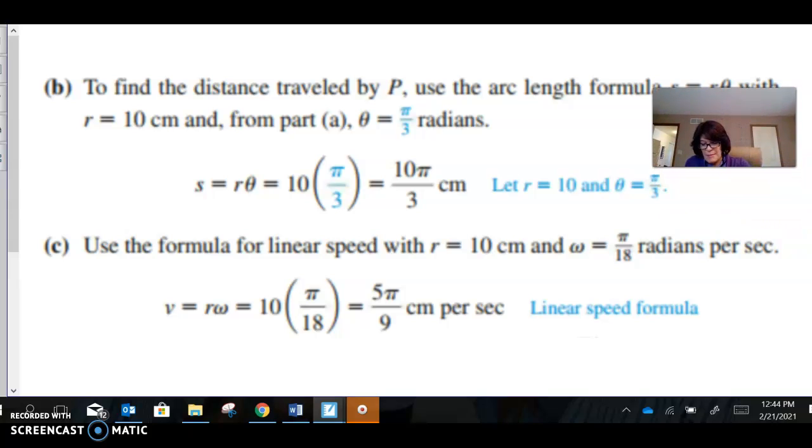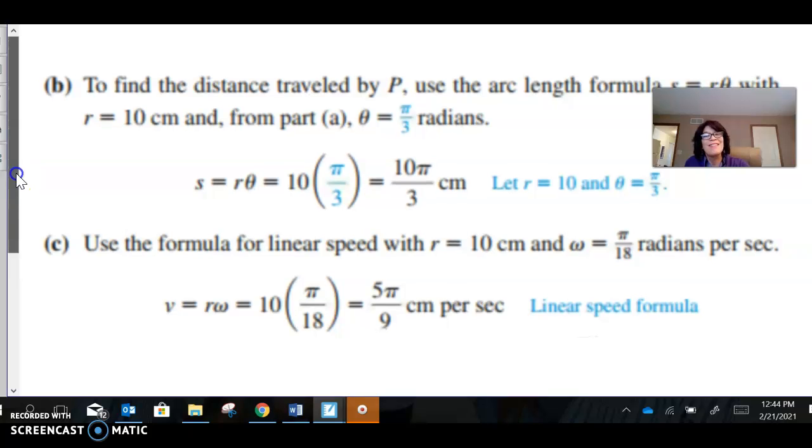How many centimeters is that? That doesn't make sense to me. 10 times pi divided by 3 is about 10.5 centimeters. That makes sense to me. If the radius is 10 and I'm going up 60 degrees, that length would be a little bit more than 10.